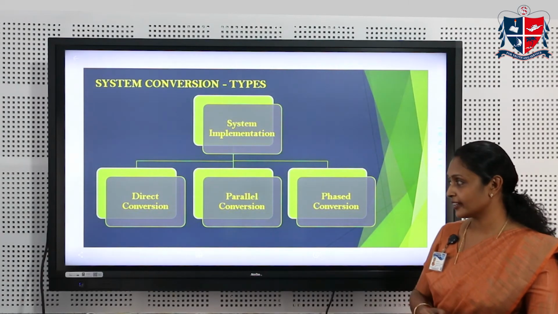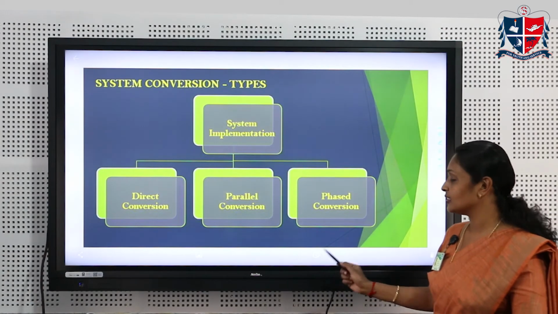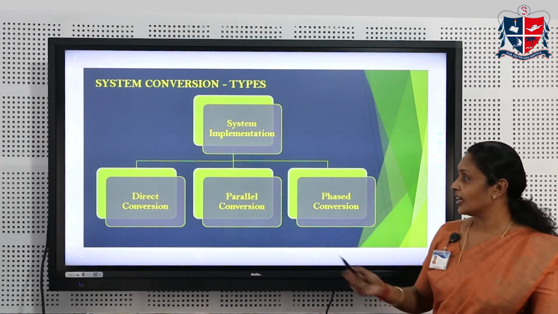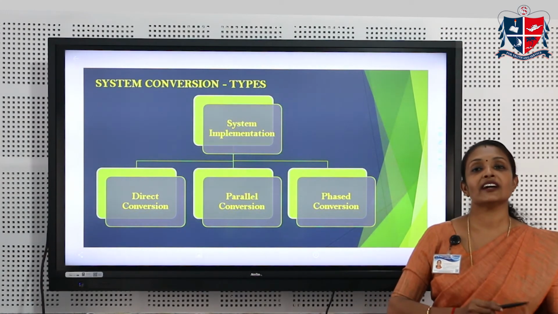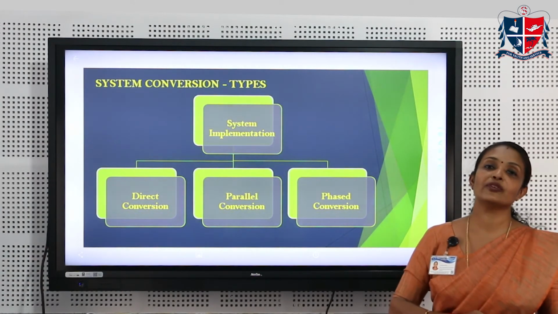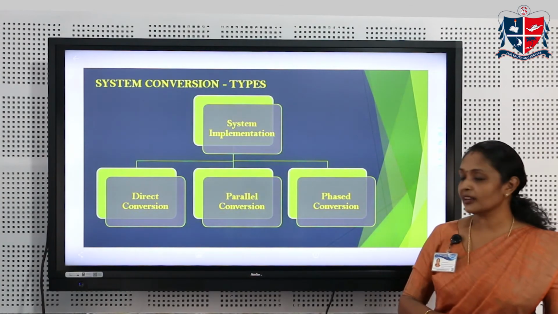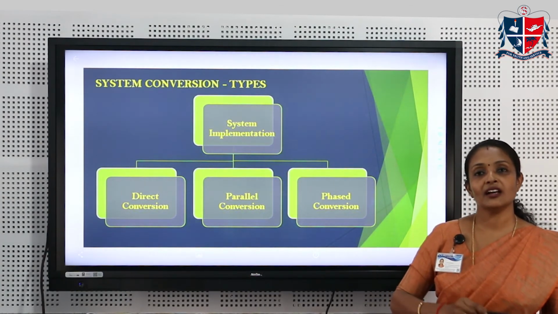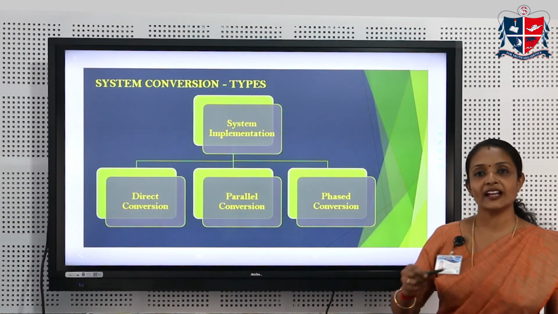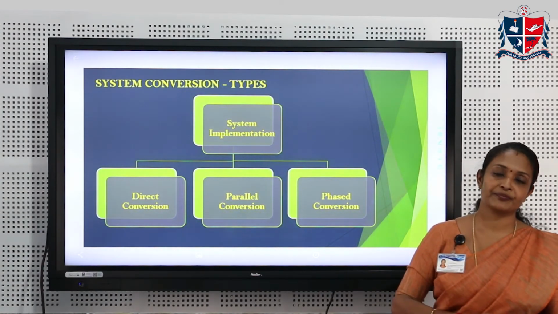One is direct conversion, the second one is parallel conversion, and the third one is phased conversion. In direct conversion, we stop the manual system and directly move on to the new system. In the case of parallel conversion, we run both the manual system and the computerized system in parallel for a certain period of time.